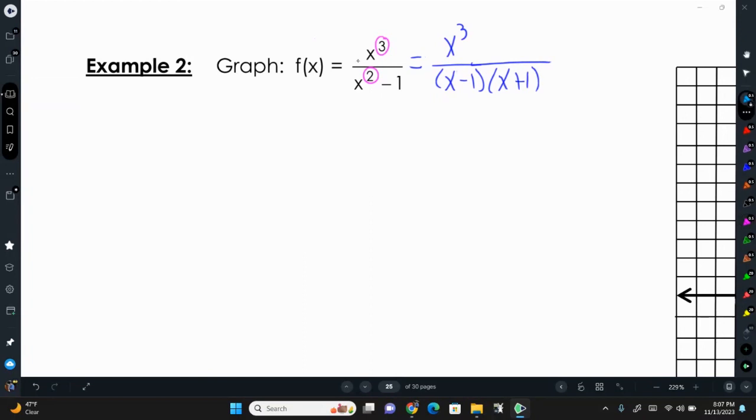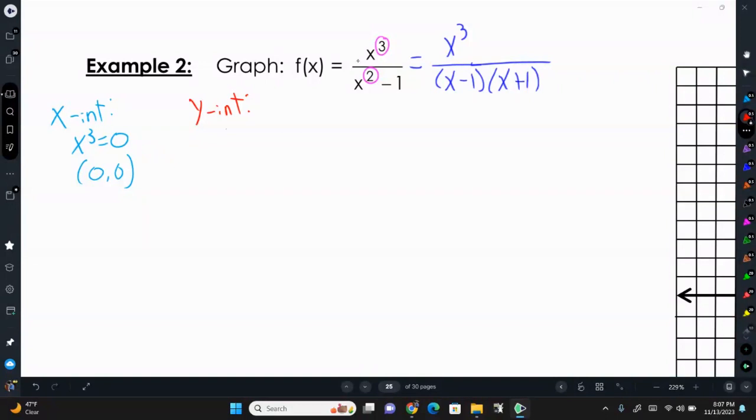So the x-intercept, we just have x to the third equals 0, so x has got to be 0, so 0 comma 0. Then our y-intercept. Our y-intercept, we're going to substitute 0 in for x.